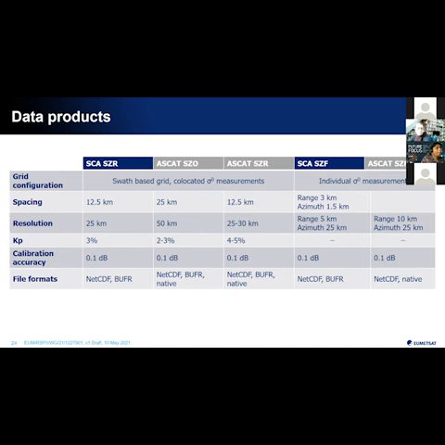And here we have a footprint size of about 5 by 25 kilometers. The file formats will be NetCDF and BUFR for SCA products. So it will be a bit more simple compared to the current ASCAT native formats.